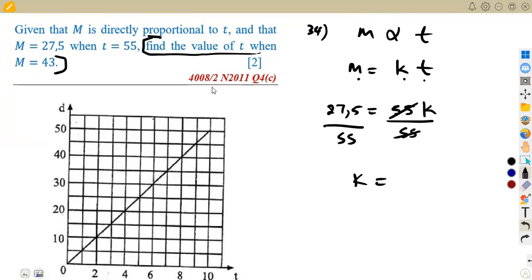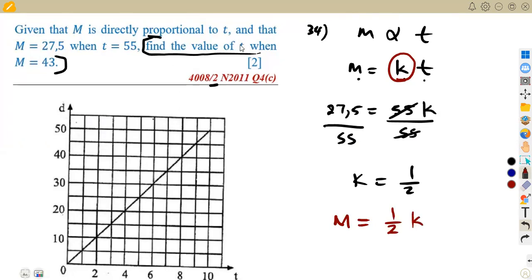All right, this is paper 2, guys. Consider that. So K was going to be 1 over 2. With the value of K, we substitute back into this equation so that we obtain now the relationship between M and T. So M is going to be 1 over 2 of T. That is not our question.